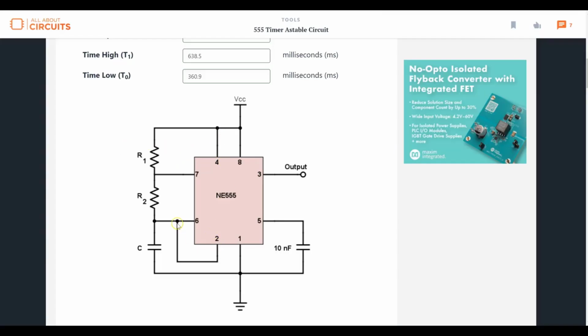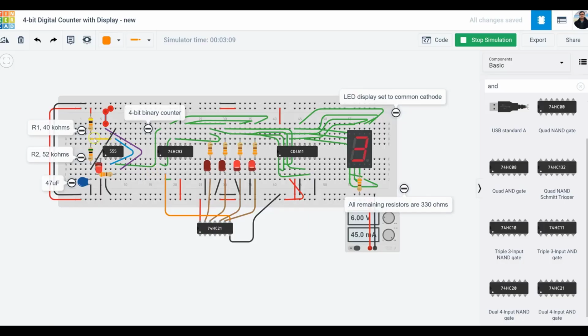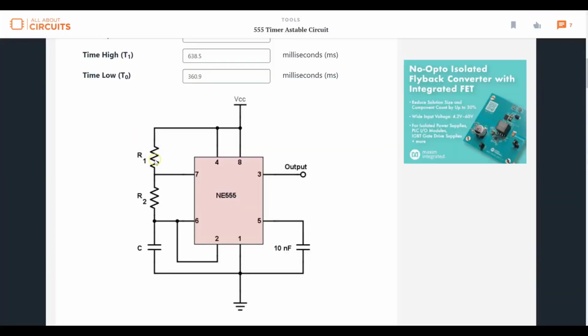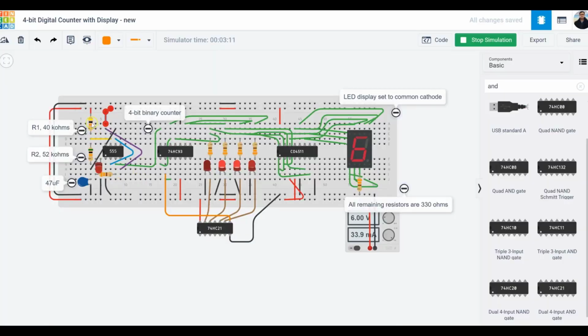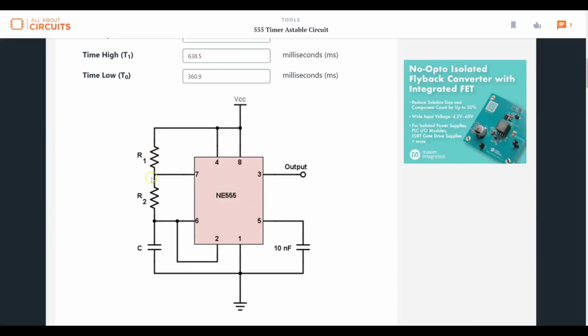2 and 6 shorted. Pin number 6 is connected to R2, and the other terminal of R2 is connected to R1, right? So if you look at it, this is my R1 vertical position and R2 vertical position, just like I have on the circuit. This node is connected to pin number 7.